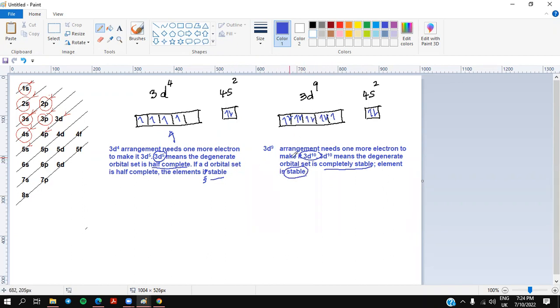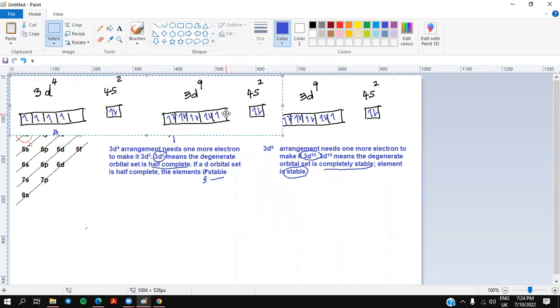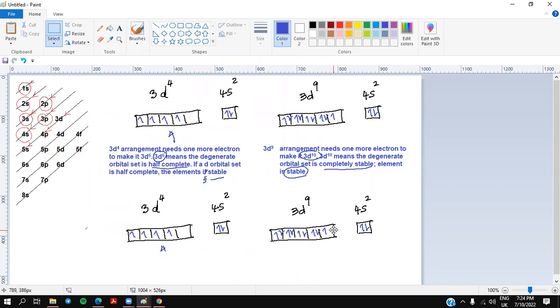Okay, and now according to this theory, look at this. Because we have 3d4, from this 4s2 one electron is taken. From this 4s2 also one electron is taken.